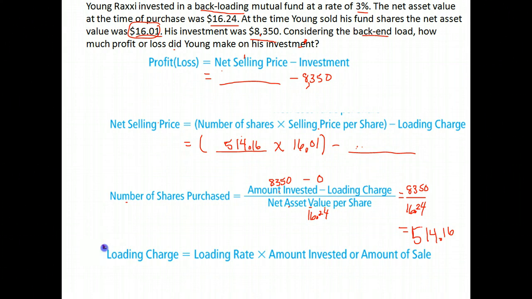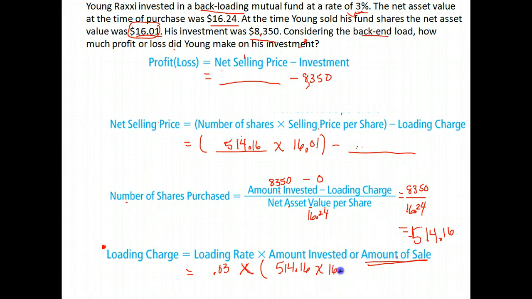Now I need to find the loading charge. Again, this is the time that he is selling. The loading rate was 3%. So if we move the decimal 2 places to the left, we get 0.03. Times the amount invested or sold. So the amount of the sale is what we're going with because we're selling it. That's when the loading charge is on a back end. Okay, so the amount of the sale would be our number of shares, which was 514.16, we just found that, times the price per share when we're selling it.